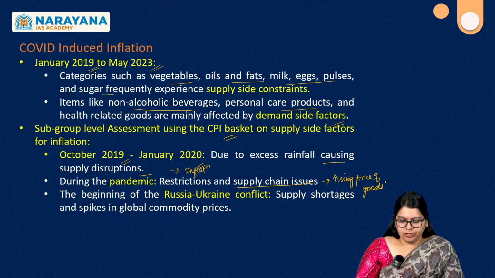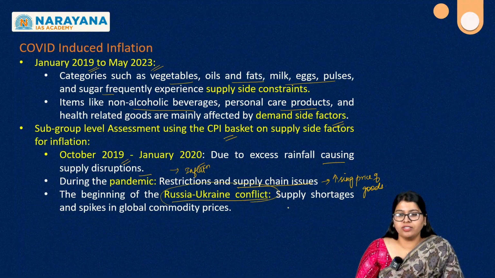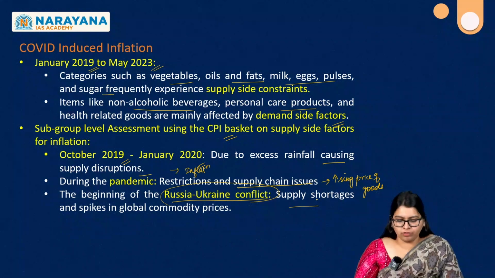Moving forward, the Russia-Ukraine conflict has also caused supply shortages all around the world and a sharp increase in commodity prices.